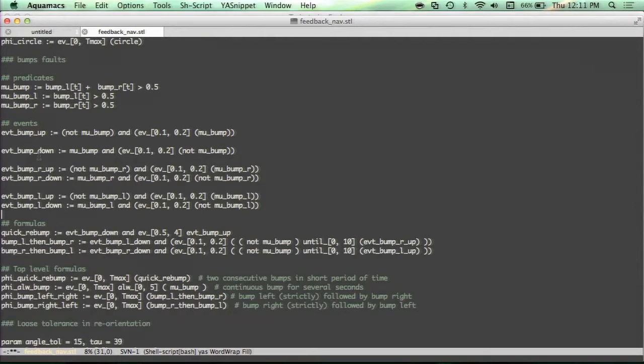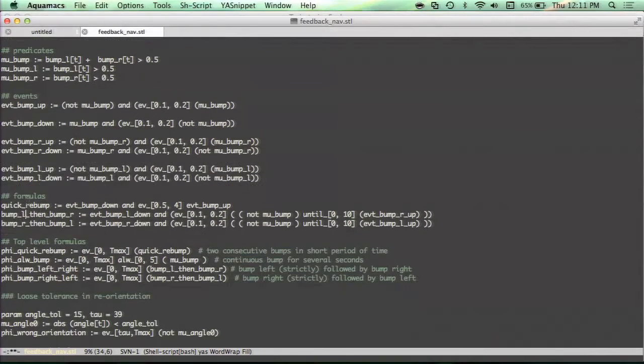With this, I encoded a fault where I detect that the robot bumps frequently into the wall, and we return something in that case saying something might be wrong, because maybe you're not backing up enough when you reorient to avoid the obstacle. I call this quick rebump.